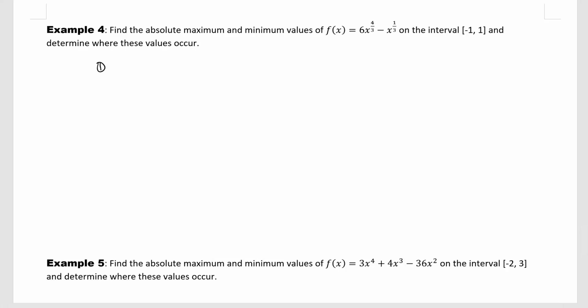So the first step, f prime, we take the derivative. That's 4 over 3 x to the, you subtract 1 from the exponent, we get 1/3, right? Next, 1/3, we subtract 1 from the exponent, we get negative 2/3. What is that?